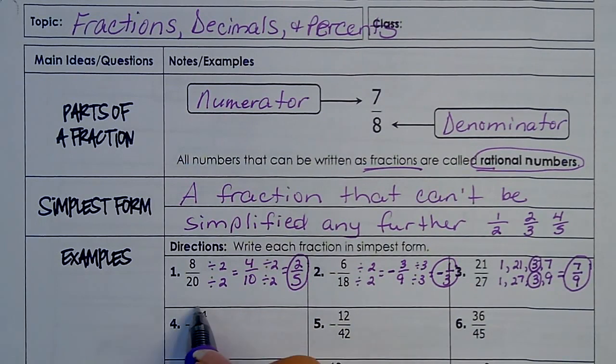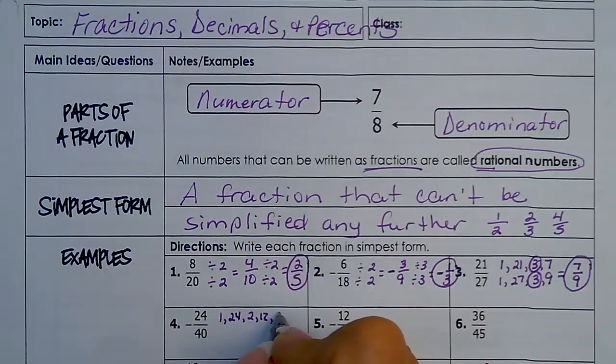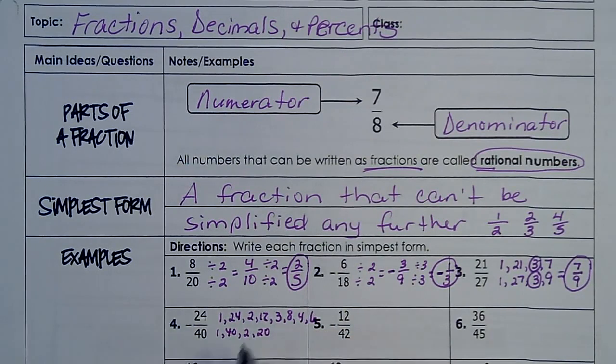Okay, next one, I'm going to find the common factor again. So 1 times 24, 2 times 12, 3 times 8, and 4 times 6. Now we'll do 40. 1 times 40, 2 times 20, and 5 times 8.